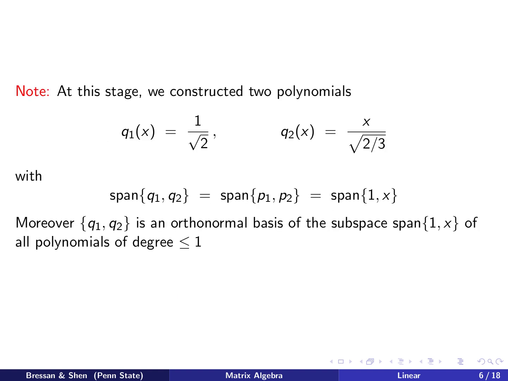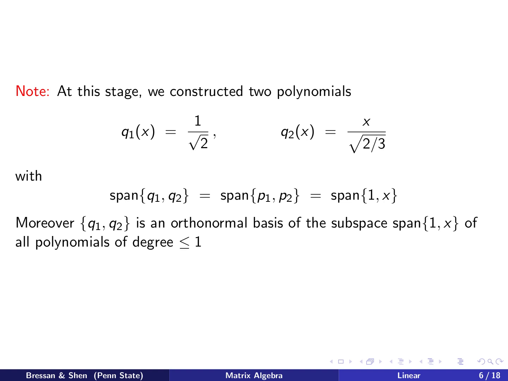So let's take a pause to see what we have achieved so far. We have now constructed two polynomials, Q1 and Q2, and the span of Q1 and Q2 is the span of P1 and P2.